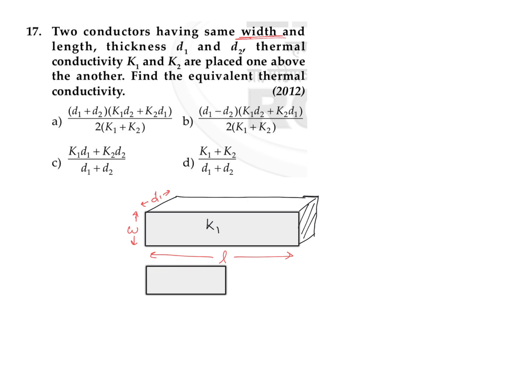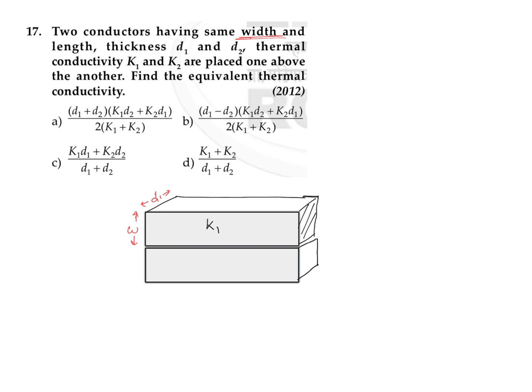The other one is kept like this, with the same length and different thickness. The other dimension, the width, is the same. So for this one also the width is W, the length is L, the conductivity is K2, and its thickness is D2.